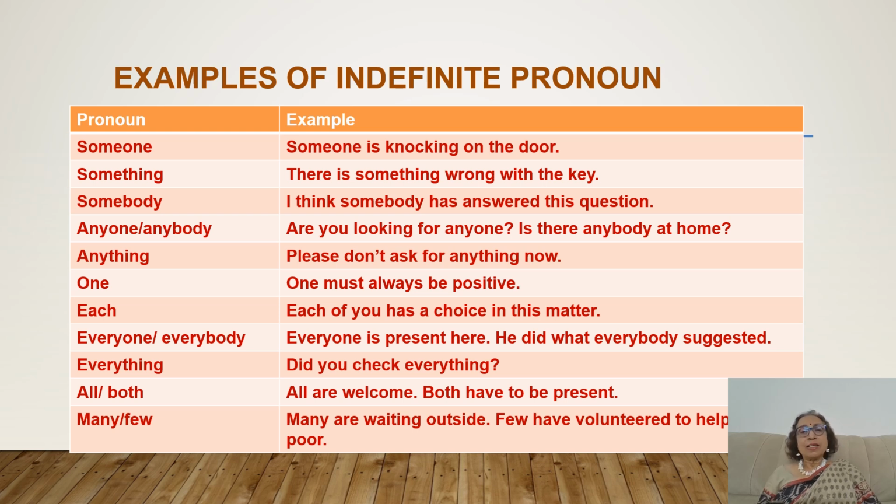You can't say somebody has completed this file. Who is that somebody? You have to name that person, or anybody can look into the matter. You can't do these things. In official language, we don't use indefinite pronouns because they leave a doubt. But still, when we are talking, we often use it.